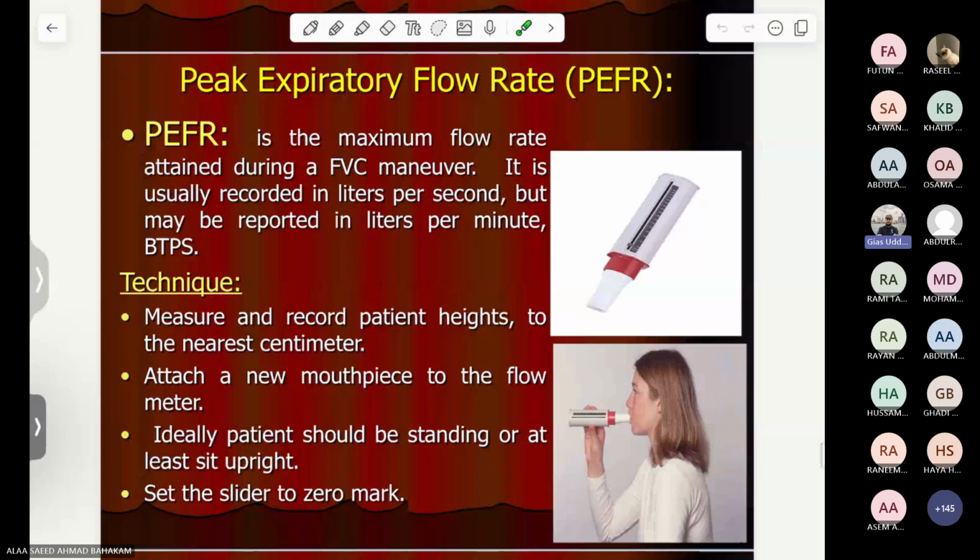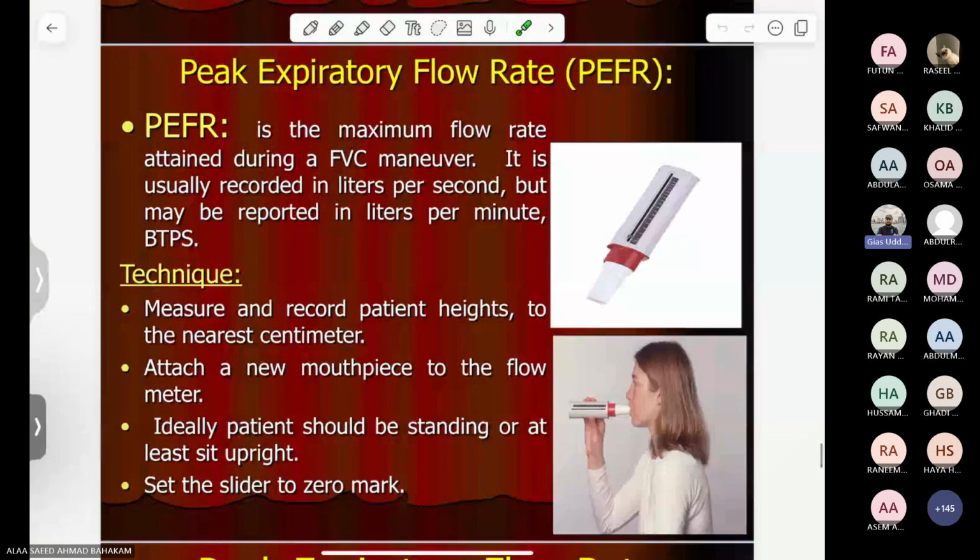So how do we do this? It is also personalized, it depends on the size of the patient, height, body weight, all these things determine it. So we attach a mouthpiece to the device and then we ask the patient to breathe into that device.